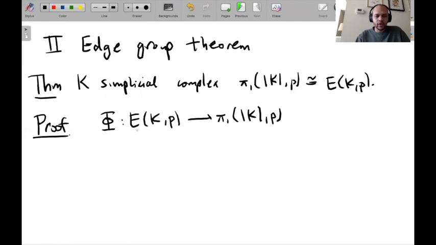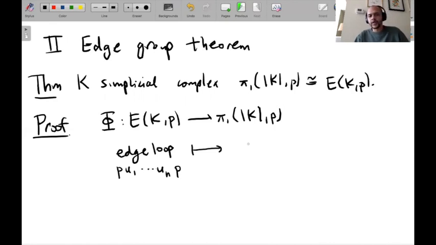So what does this do? An element here, remember, is an edge loop. It looks something like a sequence of vertices. And what we send this to is, well, we're supposed to send this to an element in the fundamental group, which is a homotopy class of map like this.